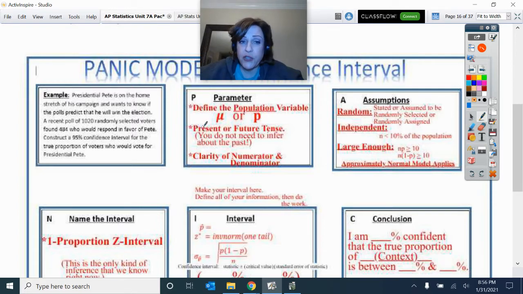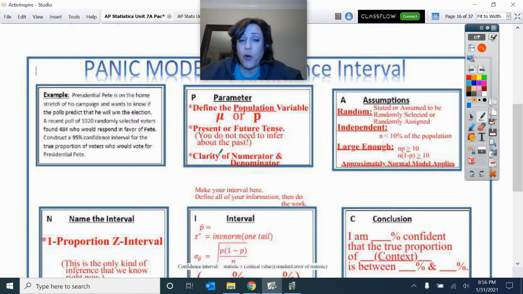We want to make sure we're using present or future tense. So we do not need to infer about what has happened in the past. That's already past. We could get those facts and tell you what happened. Inference is going to be happening about the now or the future. So make sure your verbs are not about past tense.